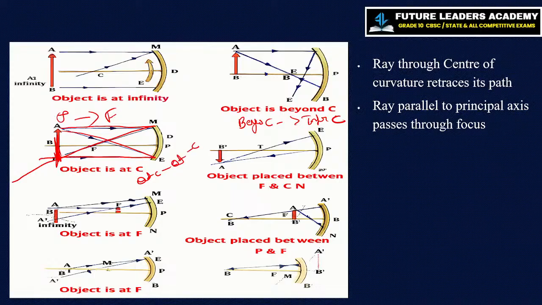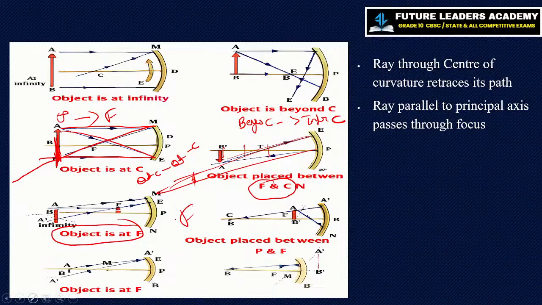When the object is placed between C and F, the image forms beyond C. When the object is kept at F, then the image will form at infinity.